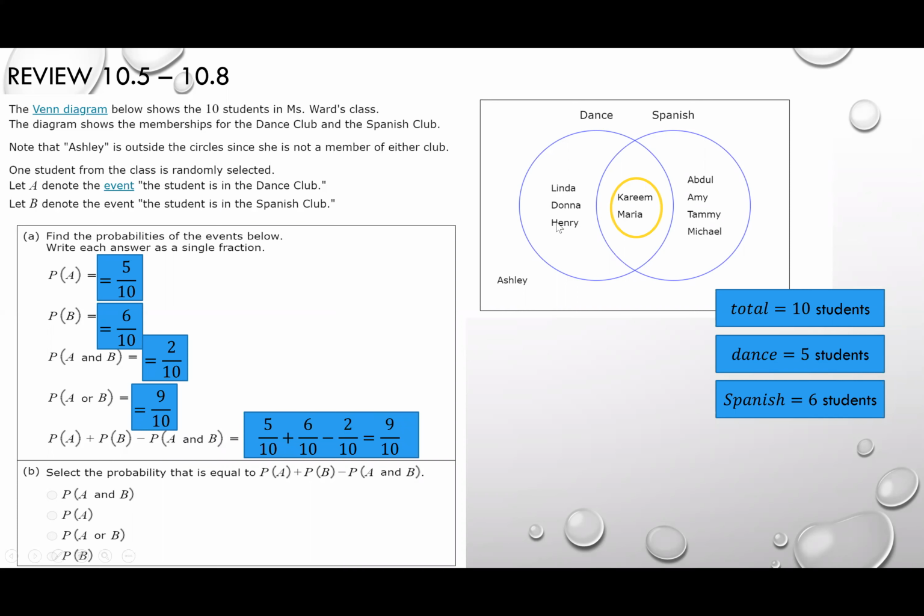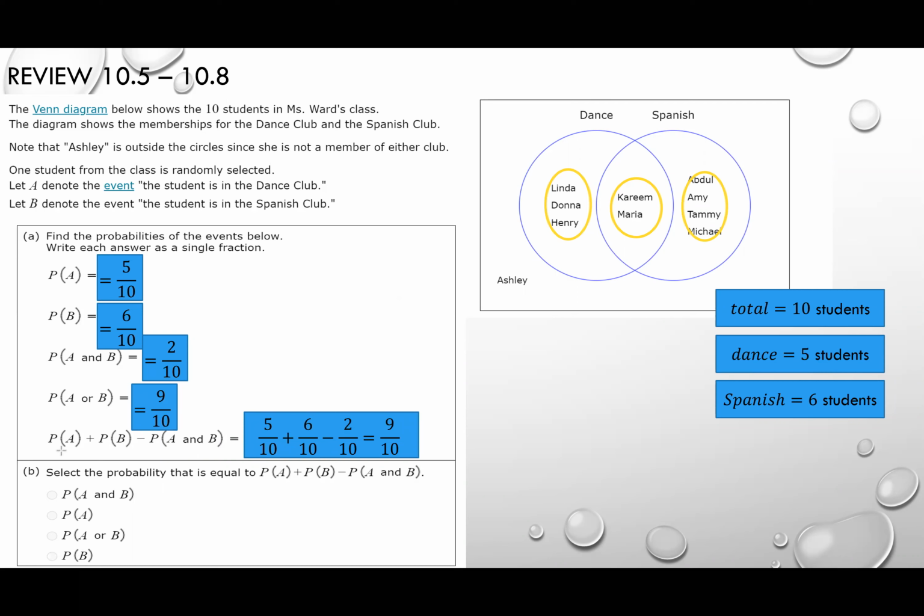A or B is basically, as long as you're in the A circle or in the B circle. So any of these, I have 9 students over 10 total.